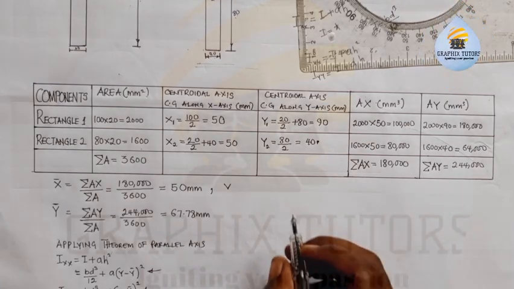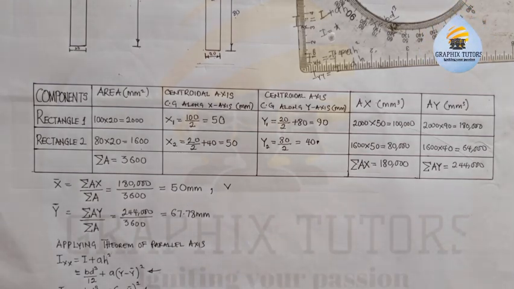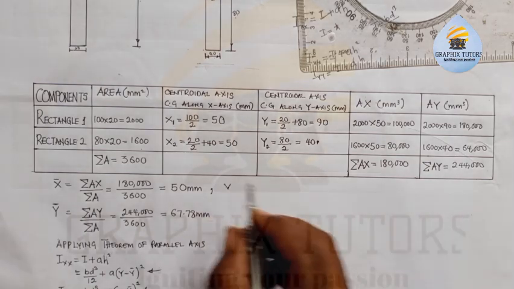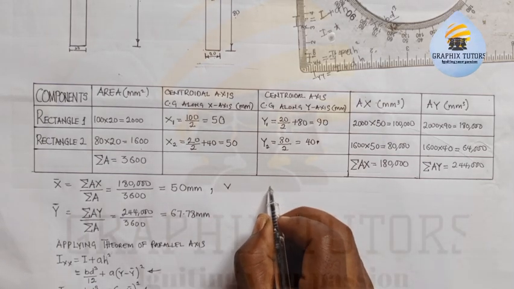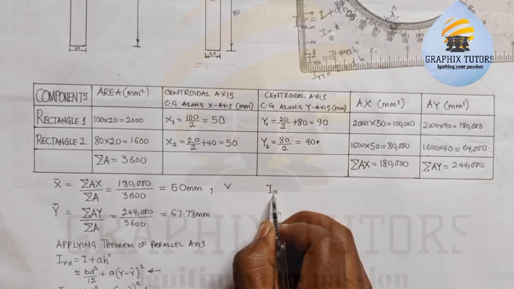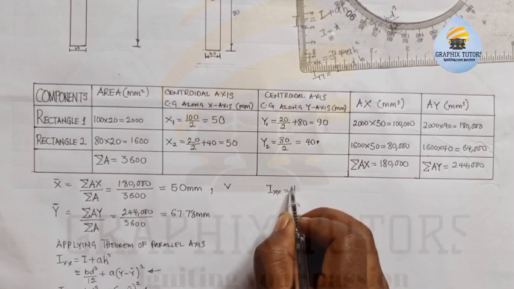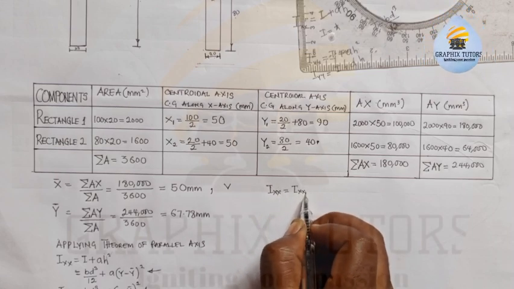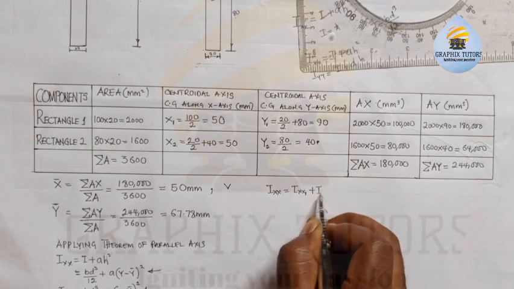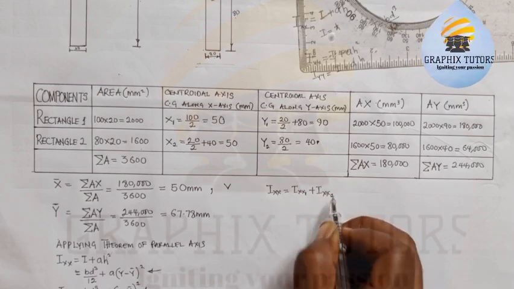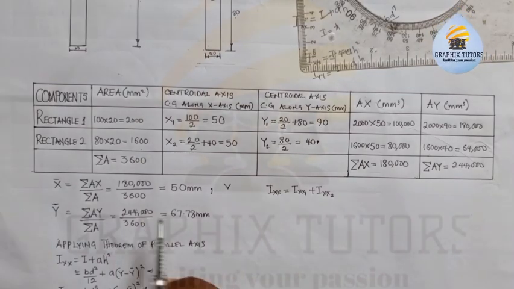Since we have two figures, my IXX will give me IXX1 plus IXX2, because we have two figures given in the question here. That is rectangle 1, rectangle 2.